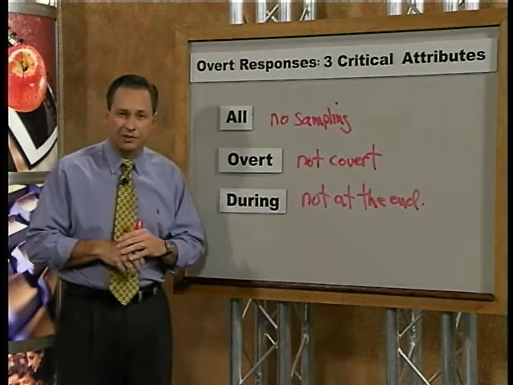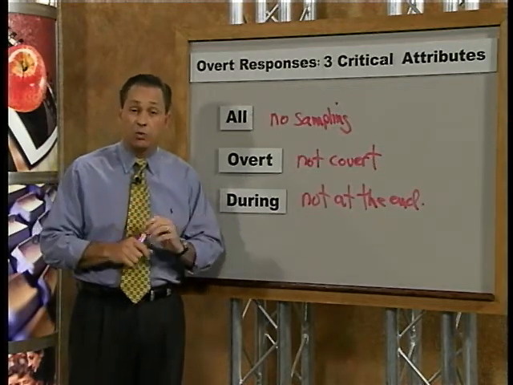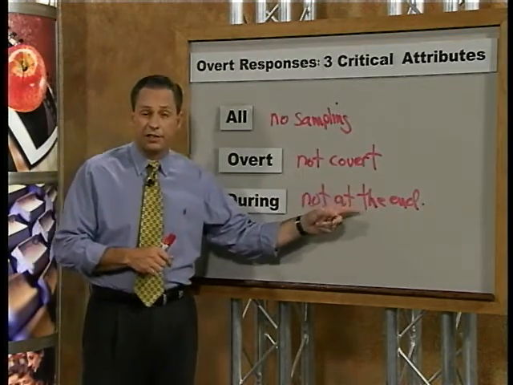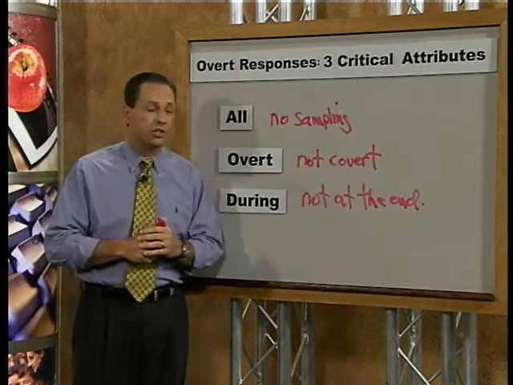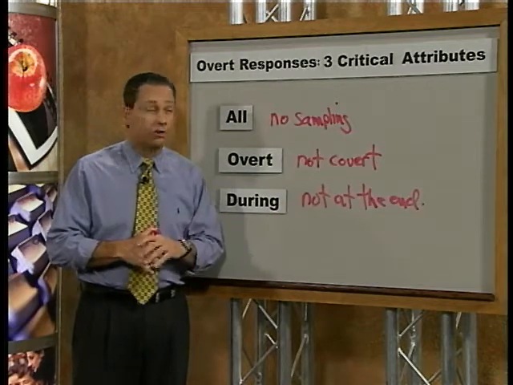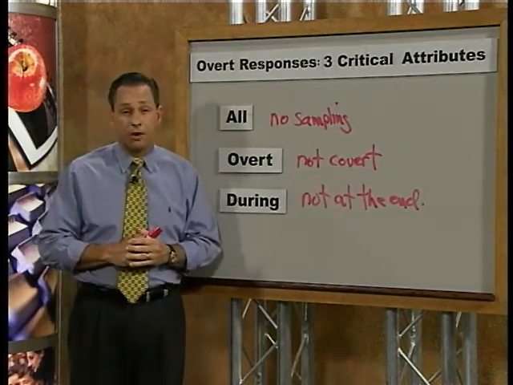Remember making the salad dressing? You don't just taste it at the end. You make those little tastes when? During the preparation. Not at the end of the lesson, not at the end of the week, not at the end of the month, not at the end of the unit, certainly not at the end of the year just to see who gets to go to summer school. Those are the three critical attributes to overt responses.